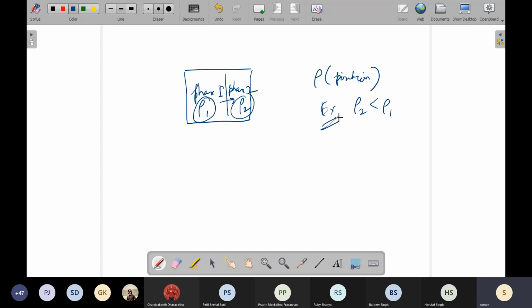If rho2 is less than rho1, that means the density of this phase 2 is less. So density of phase 2 is less means that with change in phase, it is expanding. Physically, that is what? Expanding with change in phase.